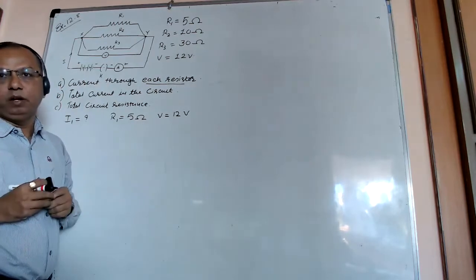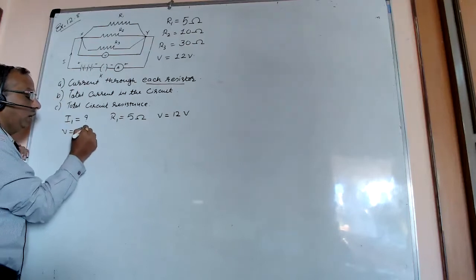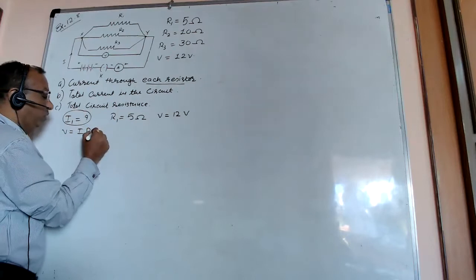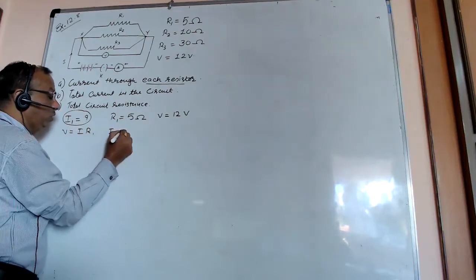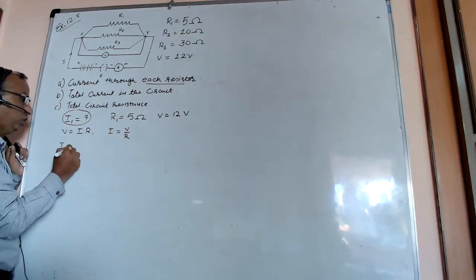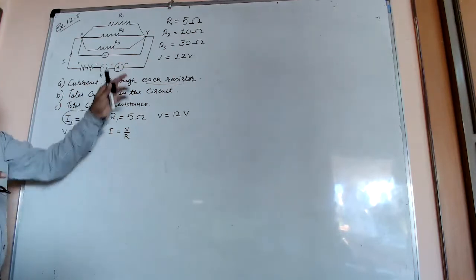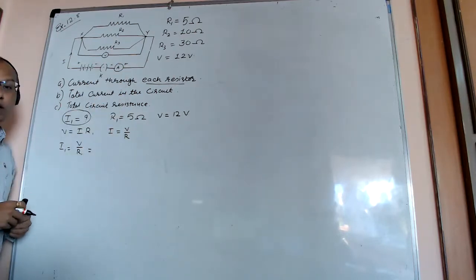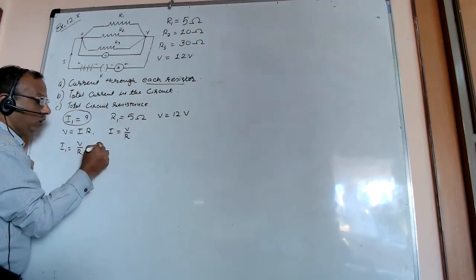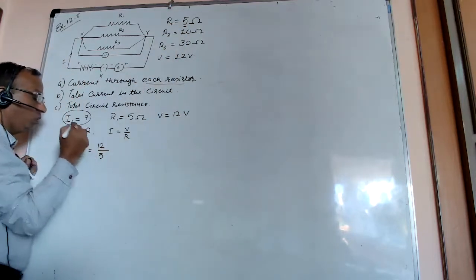We have the simple Ohm's law, V is equal to IR, and we have to find I. So we can write I is equal to V by R. So I1 is equal to V by R1, because we have to find these values for three different resistors.